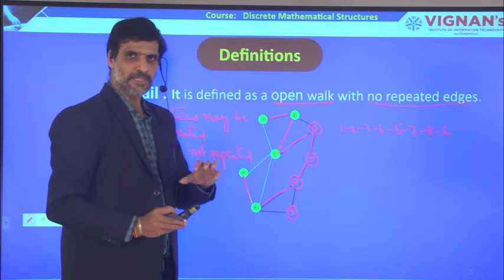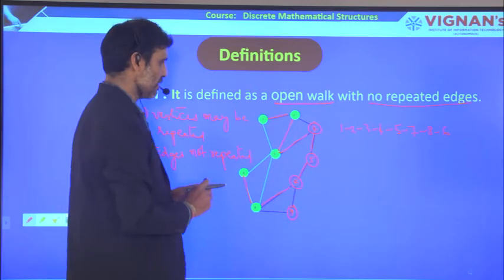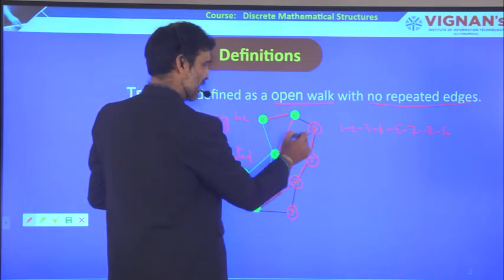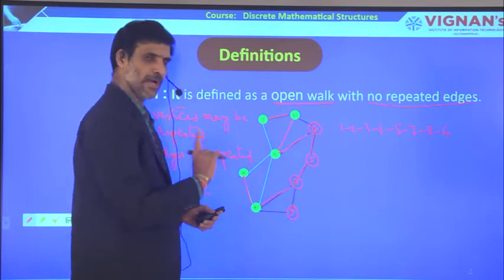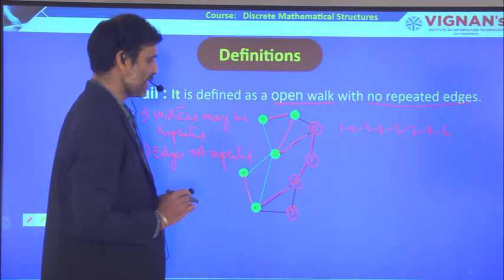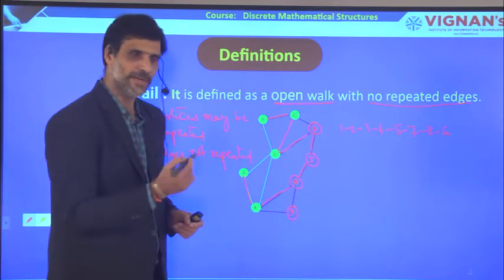While I am traversing these vertices, remember that no edge is repeated twice here. All the edges are used only once. Vertices may be repeated, though here the vertices are also not repeated.